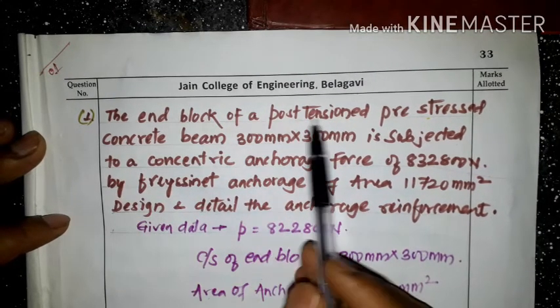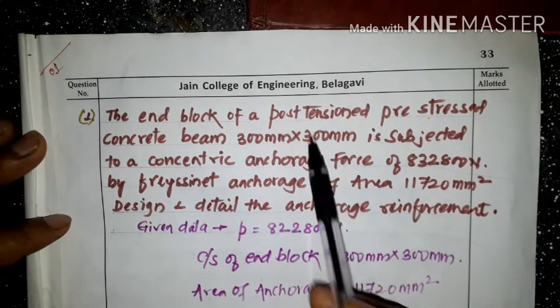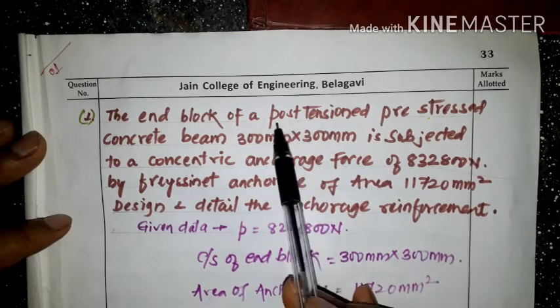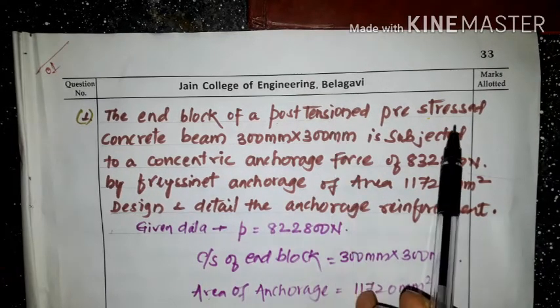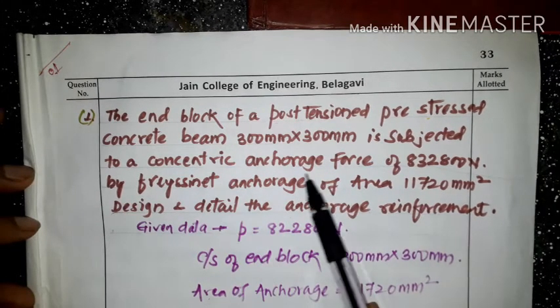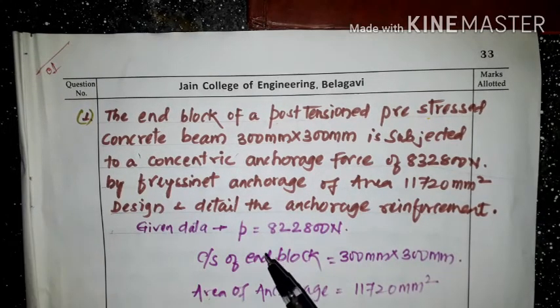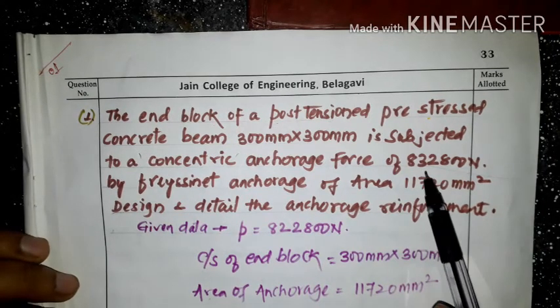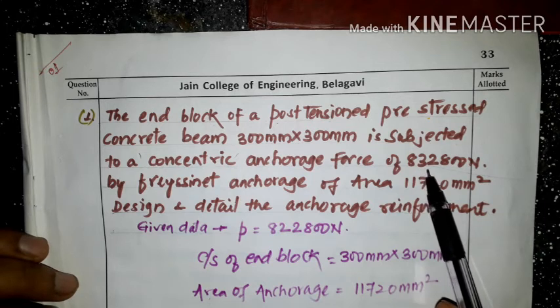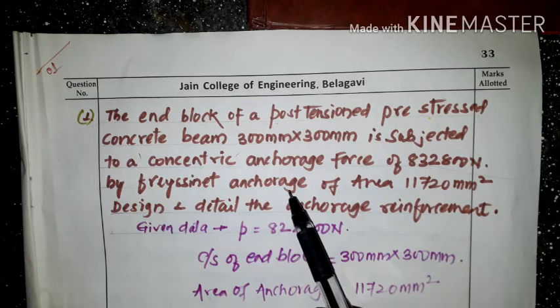The end block of a post-tensioned prestressed concrete beam, 300 mm by 300 mm, is subjected to a concentric anchorage force of 832,800 Newton by a Freyssinet anchorage. So it is an anchorage system.